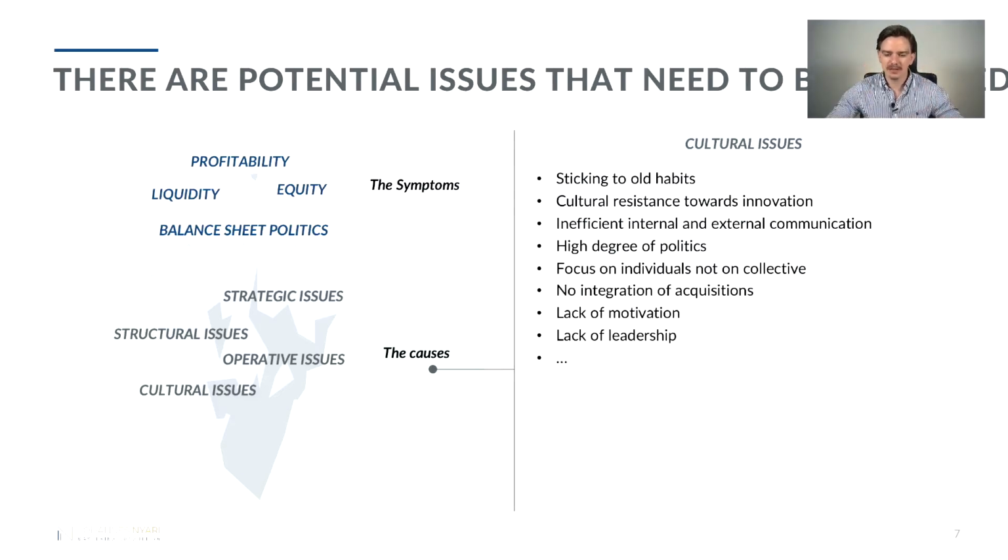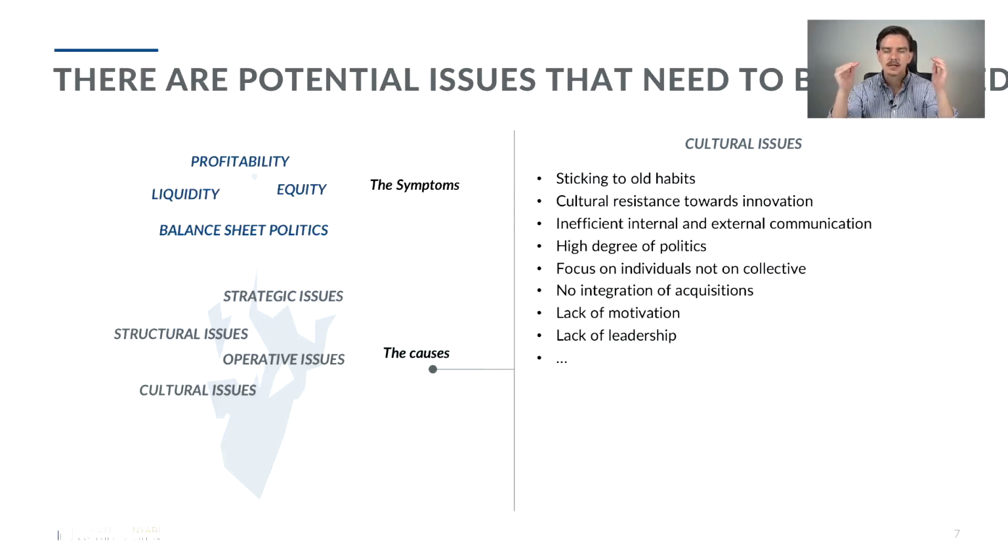And last but not least, I also want to talk about cultural issues, because very often, and this is really, really hard to detect, you see that under the surface people stick to old habits. You see some cultural resistance toward innovation. So if people are not open for new ideas, not open for innovation, you also have inefficient internal and external communication.